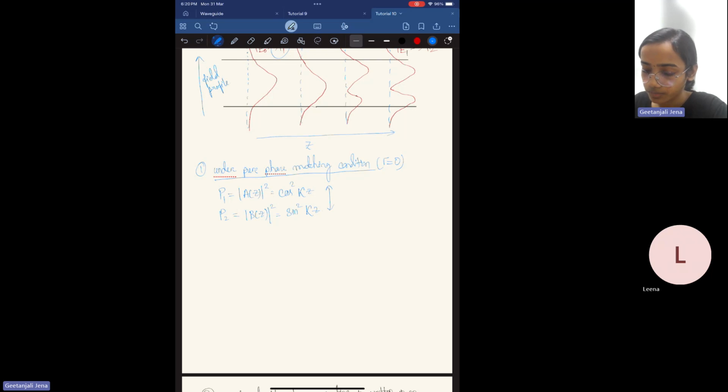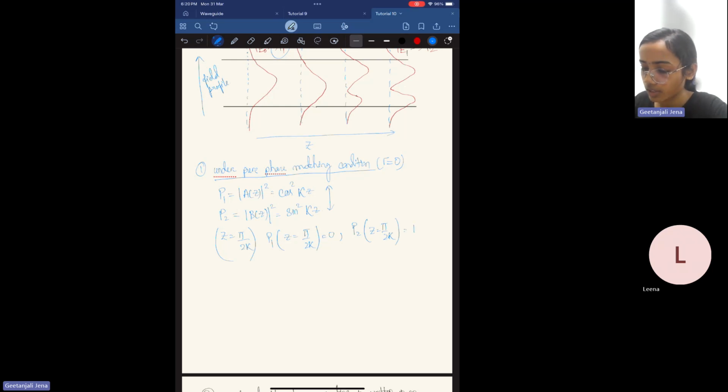So if you see, for a distance z equal to pi by 2 kappa, at this distance we have P1(z = pi by 2 kappa) equal to 0, and P2 when z is pi by 2 kappa is 1.